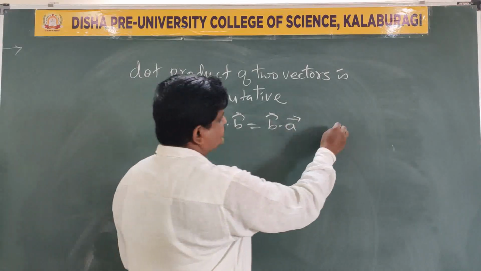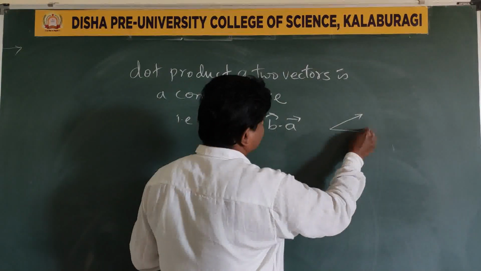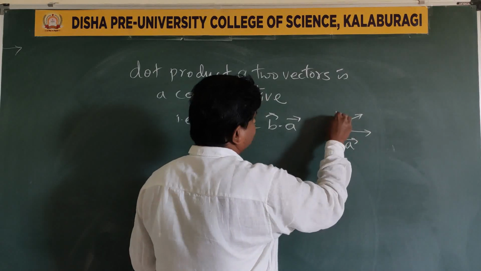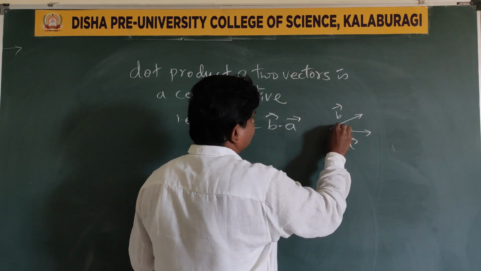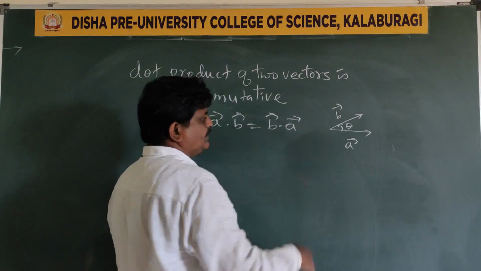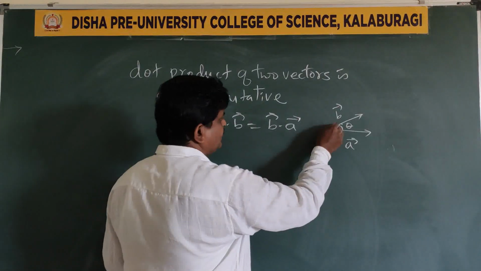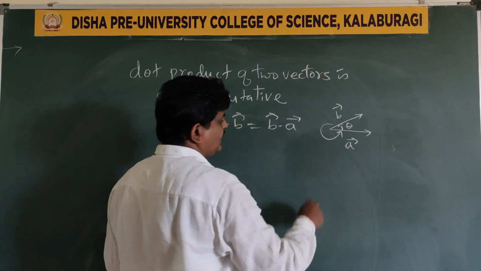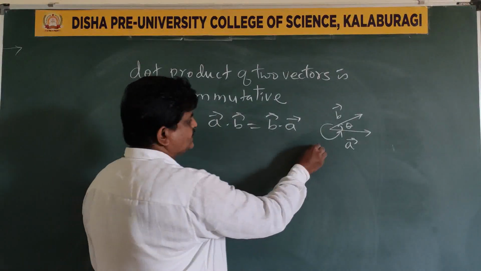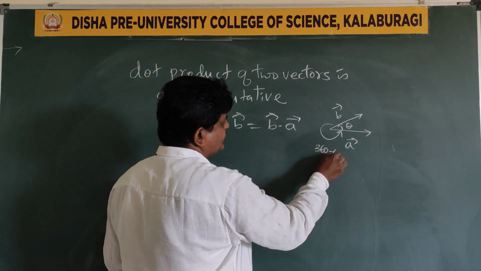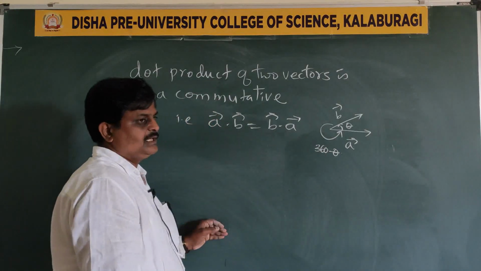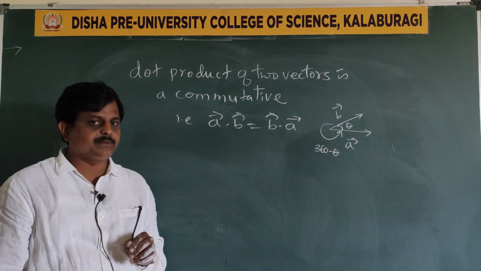Just see. So these are the two vectors, agree? A and b. When you define the angle from a to b, what is the angle? Theta. But when you operate b dot a, what is the angle, please? 360 minus theta. Agree? What is the cos of 360 minus theta?